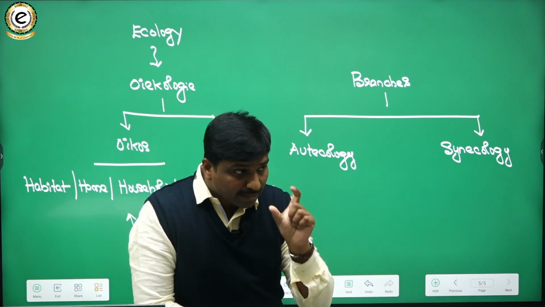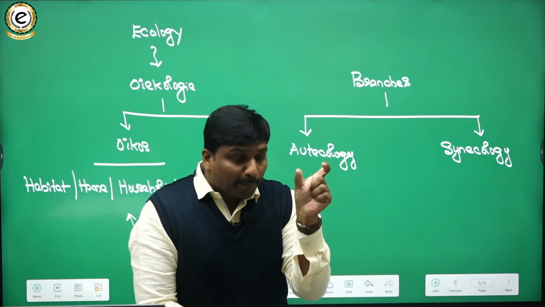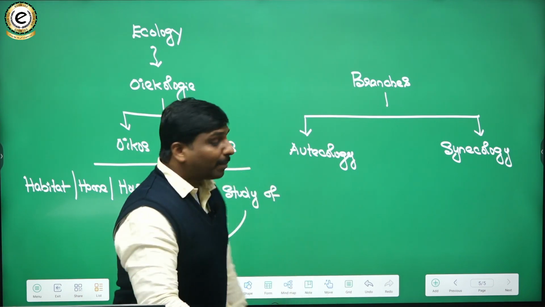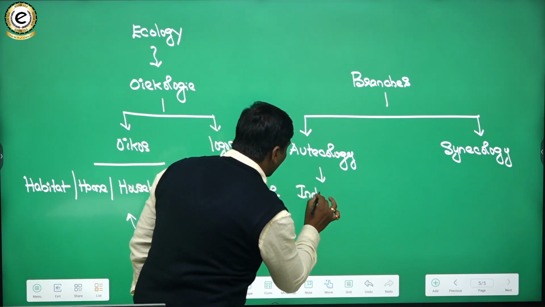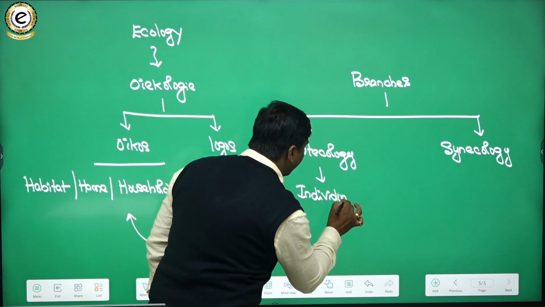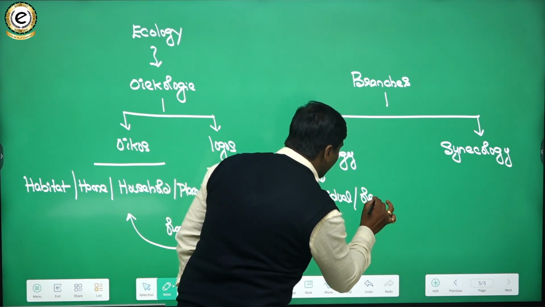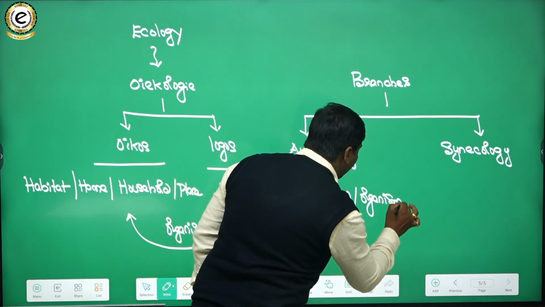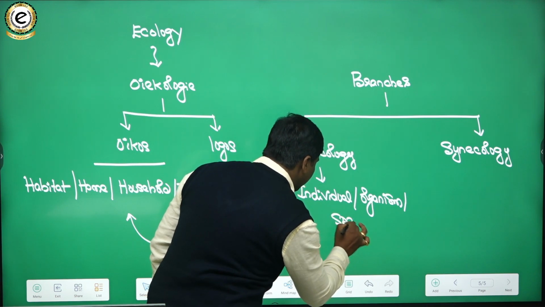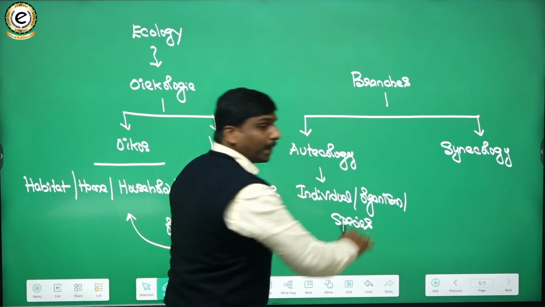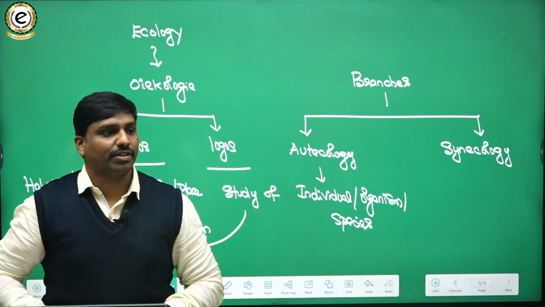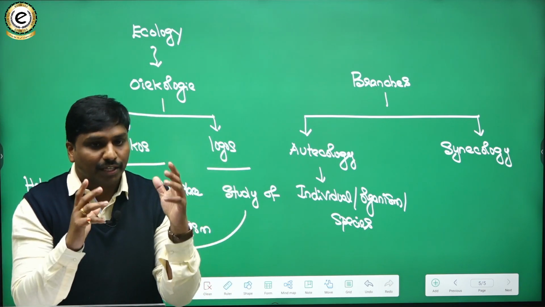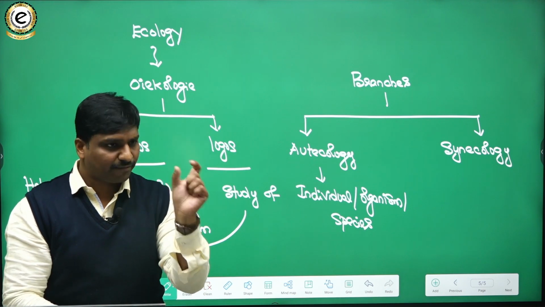So when you systematically study a particular organism or particular individual, or you study a particular species, a tiger species, or let's say elephant species, or leopard species, or let's say a particular flower.